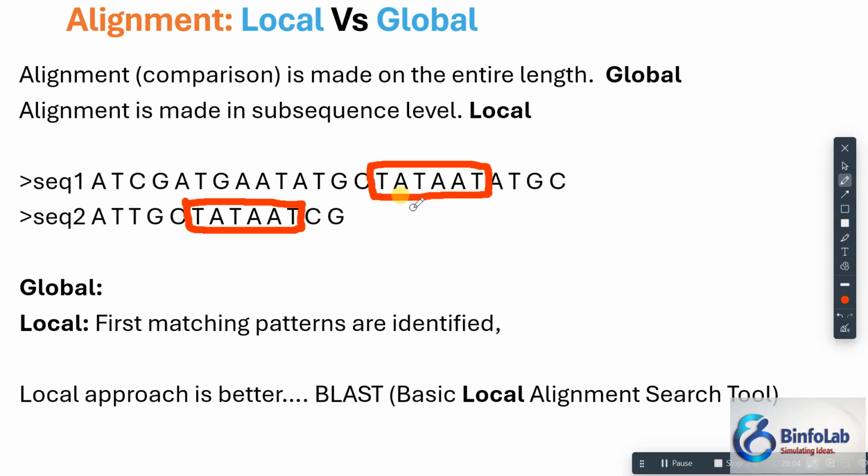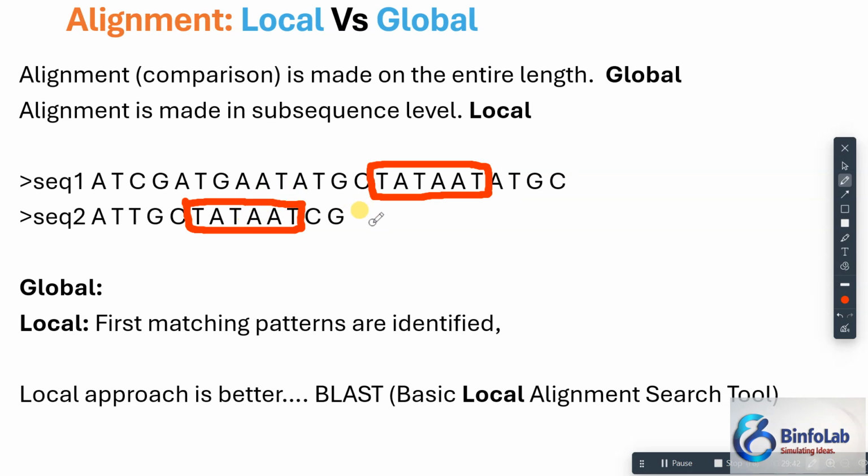The result may come that both these sequences are related, or that they are not related. If the program says they are related, that's great. But what if the program says they are not related? That will be damaging, because we know both are sequences of a regulatory region; they contain TATA boxes, or maybe some other boxes or motifs.